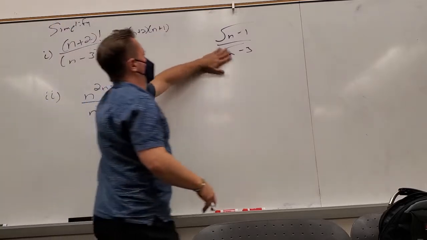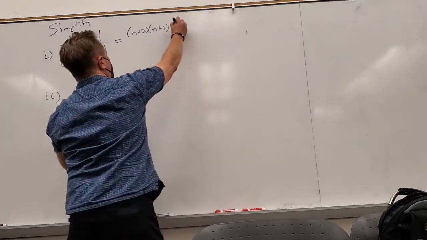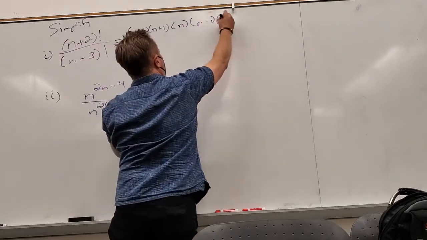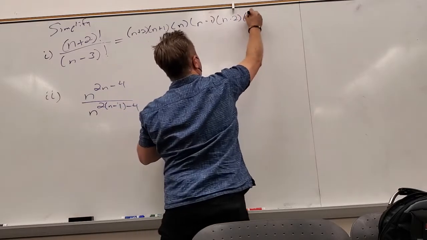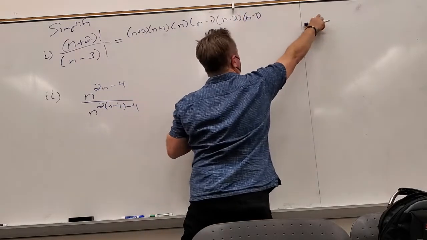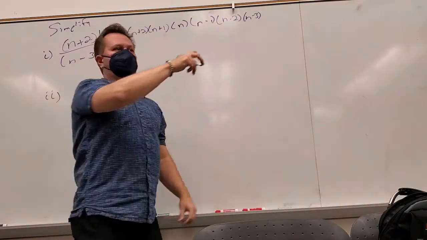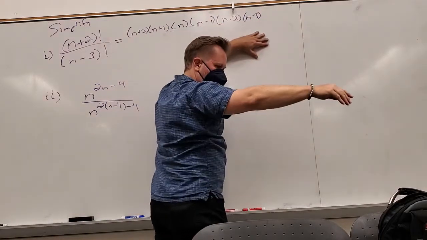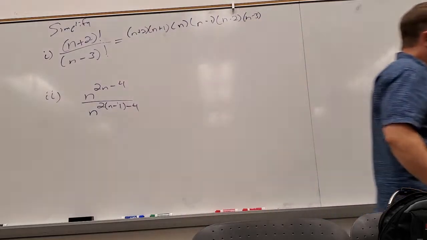So what's the next term? And then, and then, and then, it would go forever, correct? So how would I write n minus 3 times one less forever? Factorial.